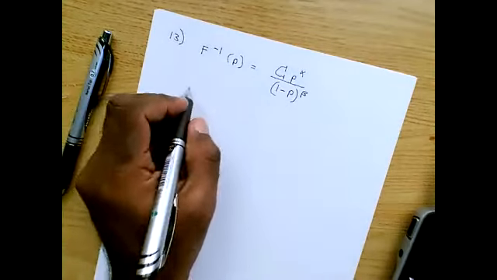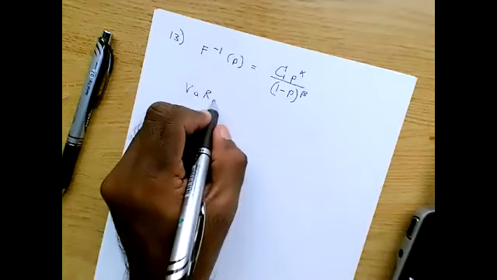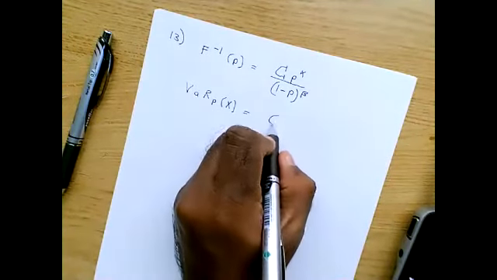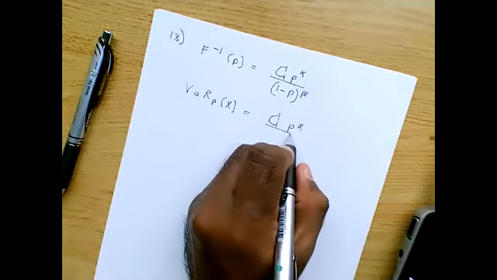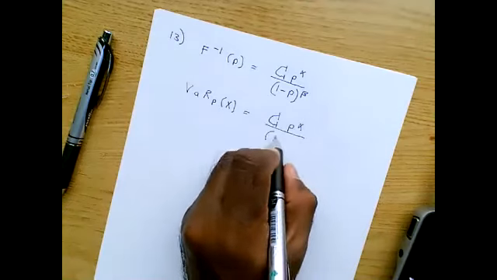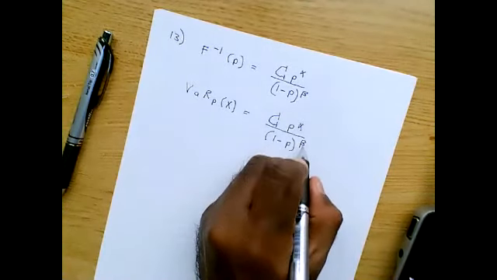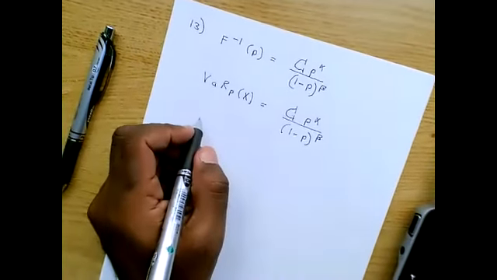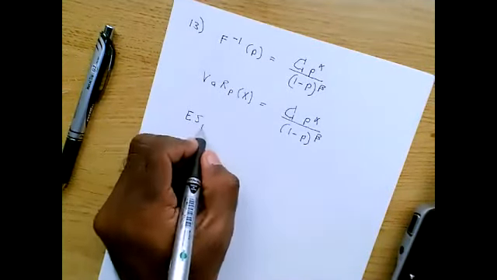Therefore, the expression for VaR is also the same. Now to find the expected shortfall, you use the formula.